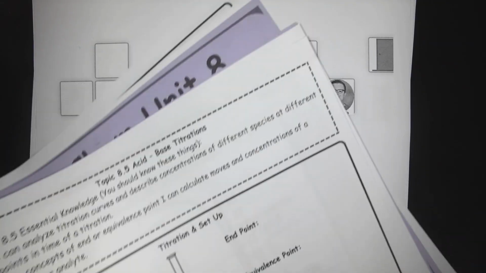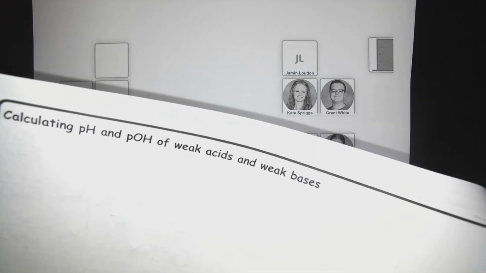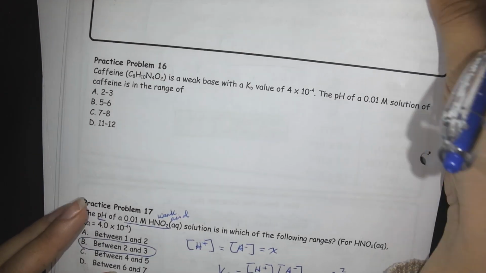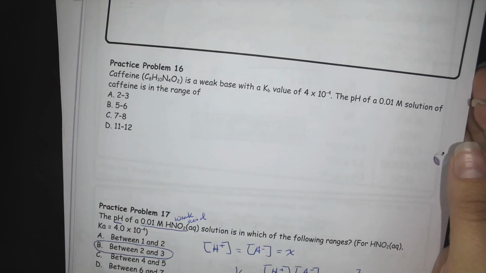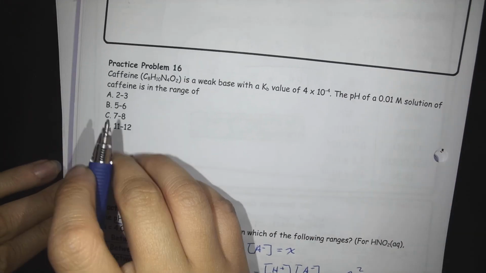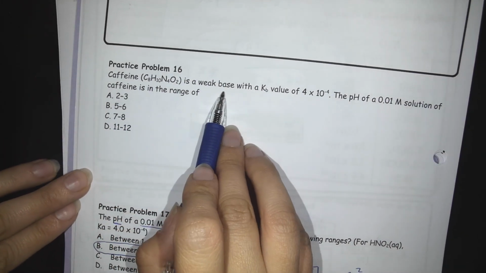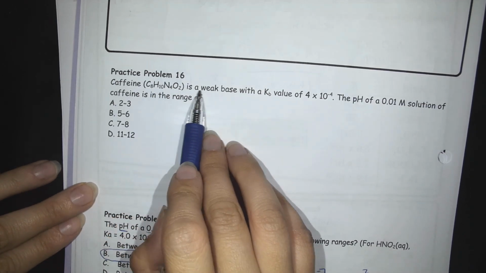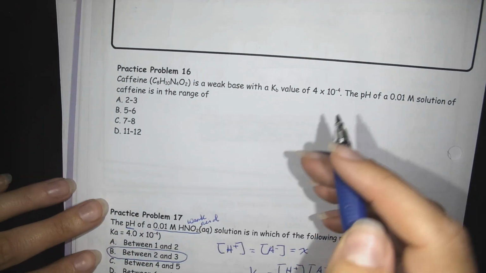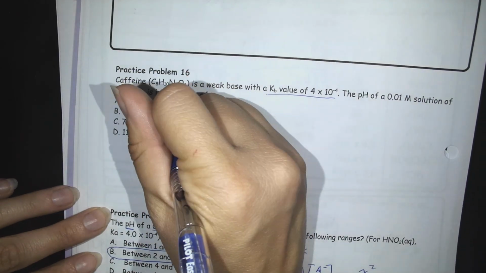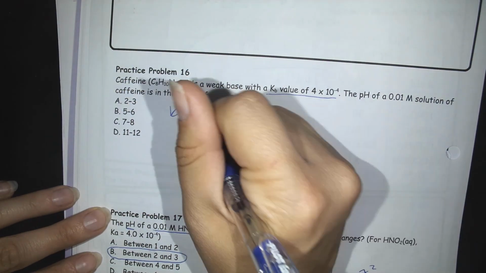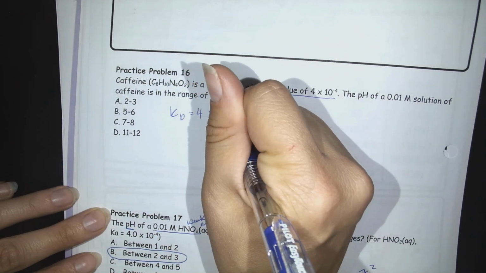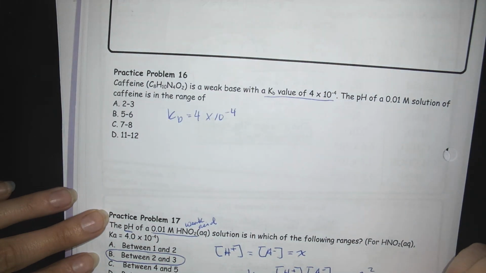All right, great. Let's try one more together, practice problem 16. Caffeine is a weak base. Great, because I couldn't tell from just this that it's a weak base. With a Kb value, okay, so Kb is equal to 4 times 10 to the negative 4.